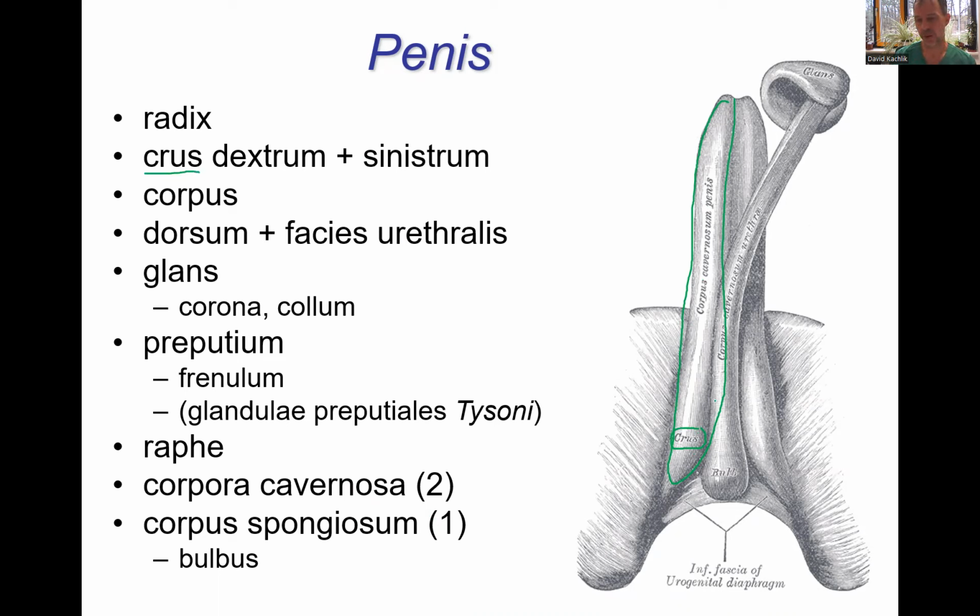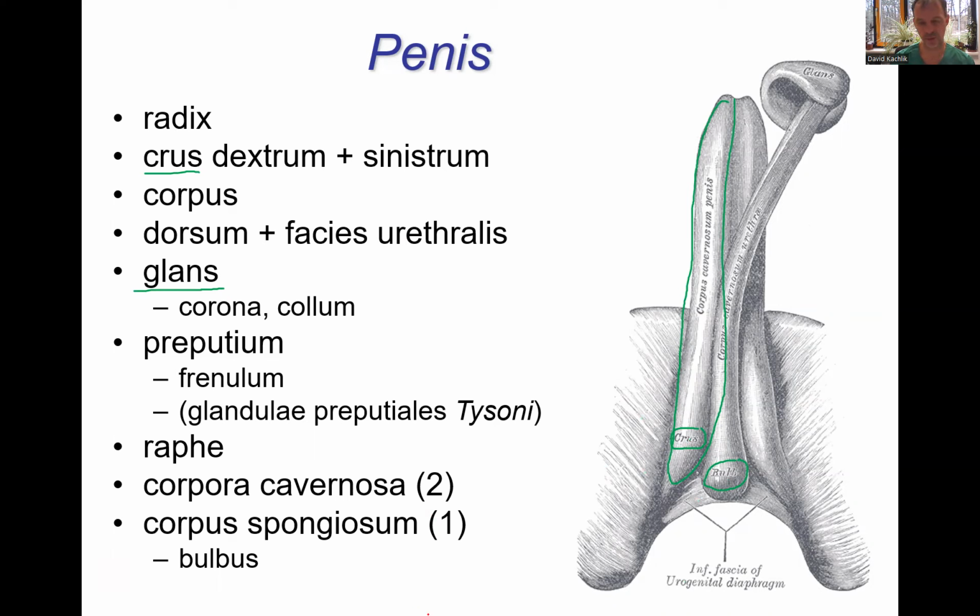And then the unpaired part is called the spongy body, and it is composed of glans and, on the other side, a bulb. It contains the urethra inside, from the ampulla to the navicular fossa in the glans.